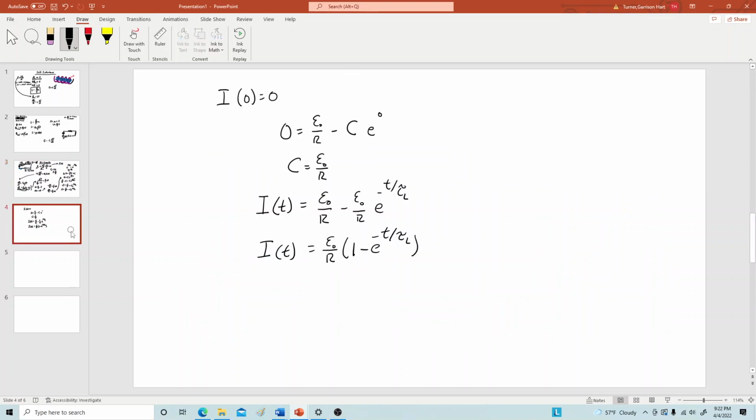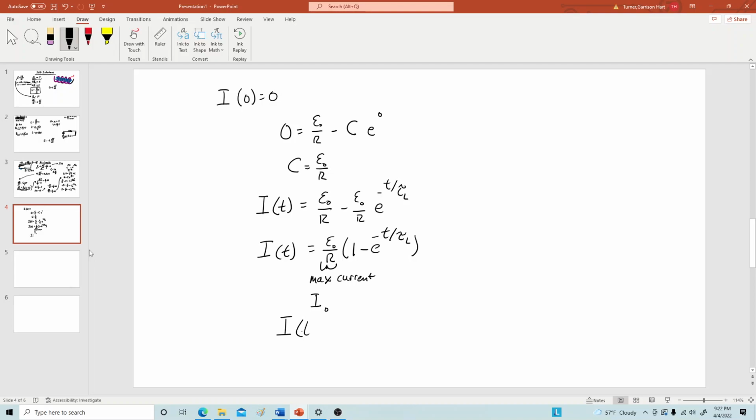Once the effect of the inductor has died away, the maximum current will hold. You could label it I naught if you like.